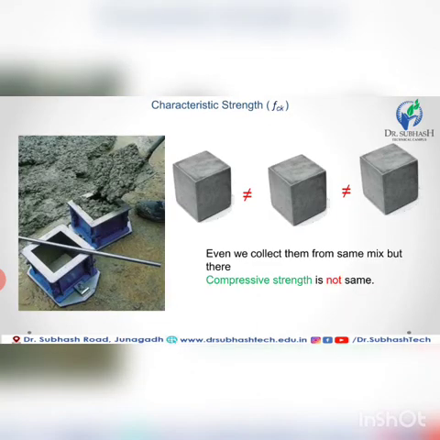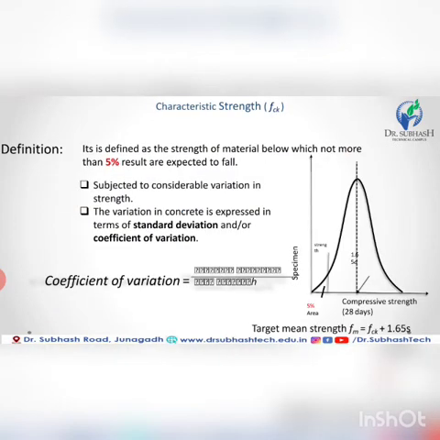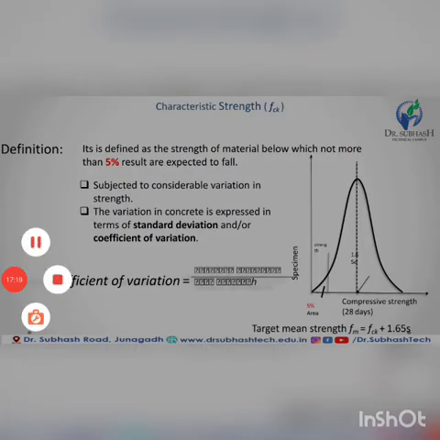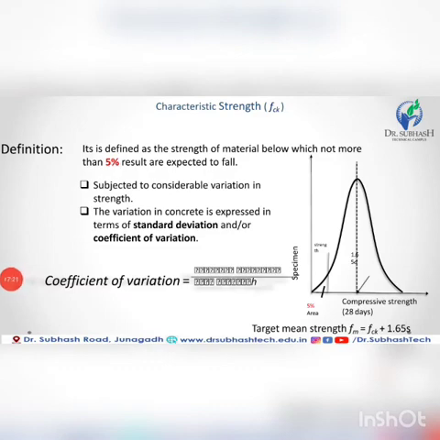It is defined as the strength of material below which not more than 5% of results are expected to fall, subjected to considerable variation in strength.